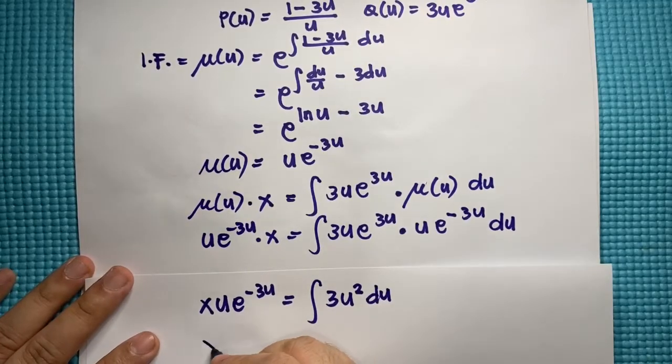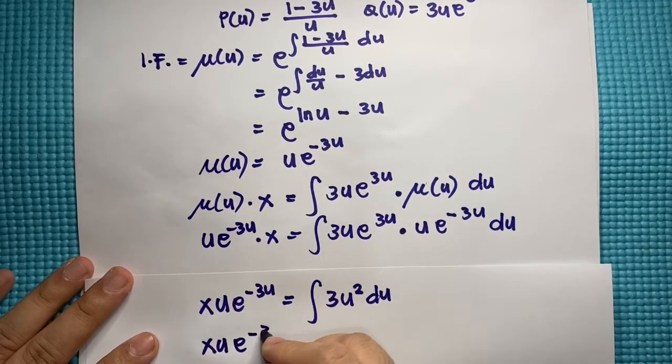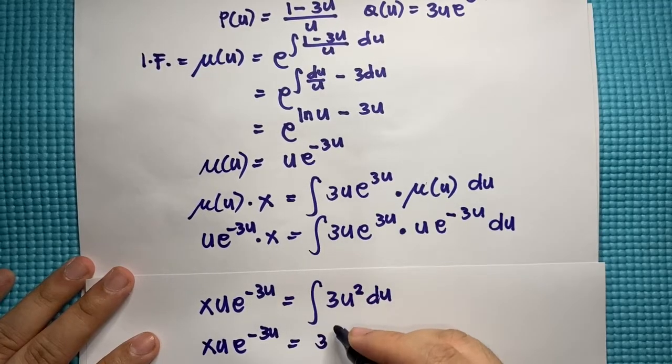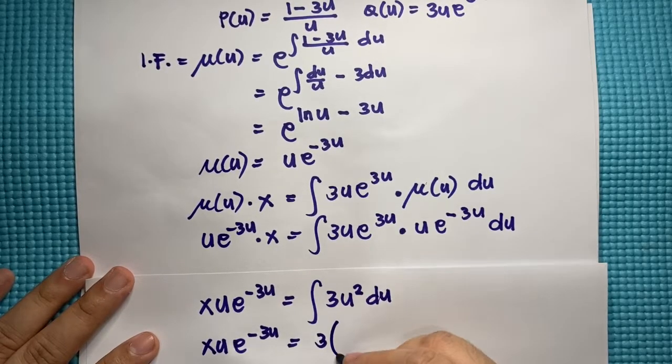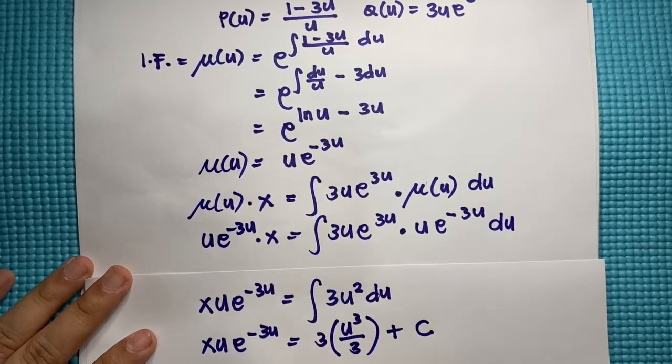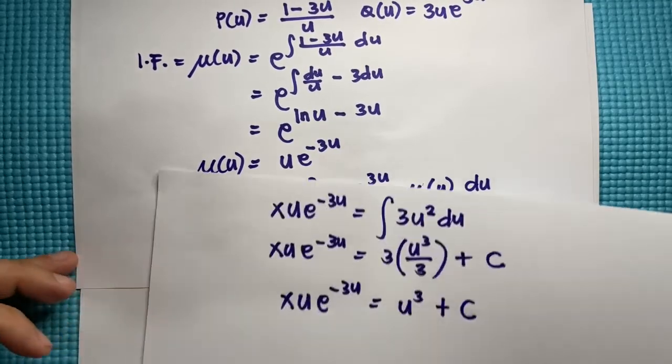Integrating, that will be 3 multiplied by u cubed over 3, plus c, giving us x u e raised to negative 3u equal to u cubed plus c.